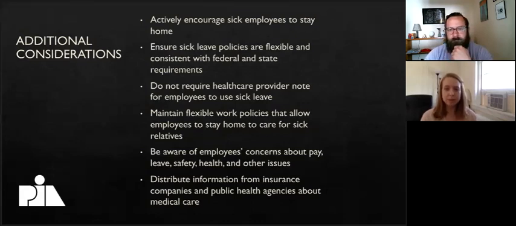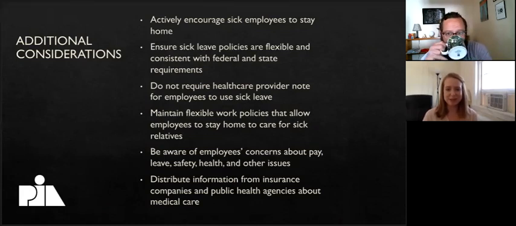And just be aware of employees' concerns about pay, leave, safety, health, and other issues, particularly because that may impact their behavior and put people in your office at risk if they're very concerned about some issue such as having to pick between going to work and earning an income. So being able to highlight that for them can also help keep your workplace safer, and everyone, something that hopefully everyone wants.